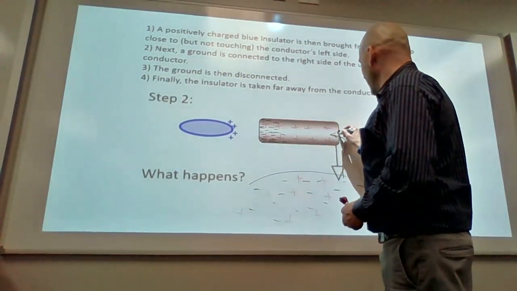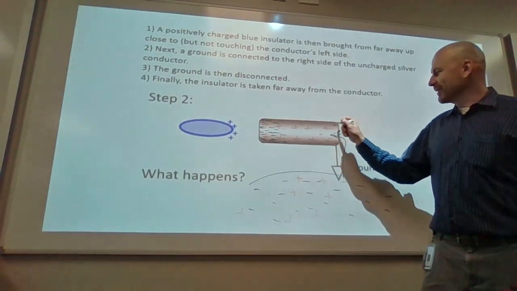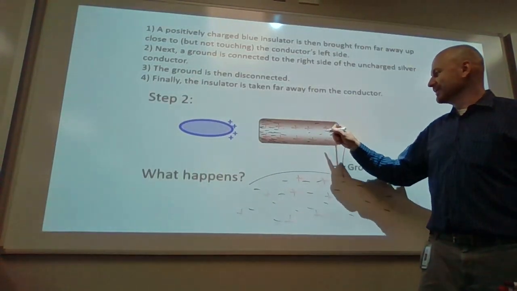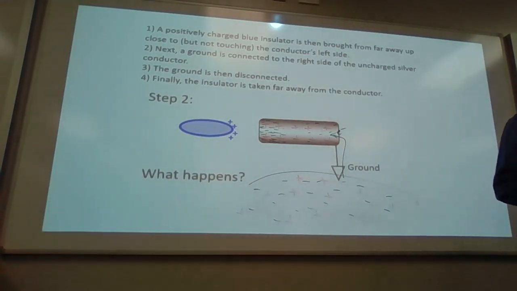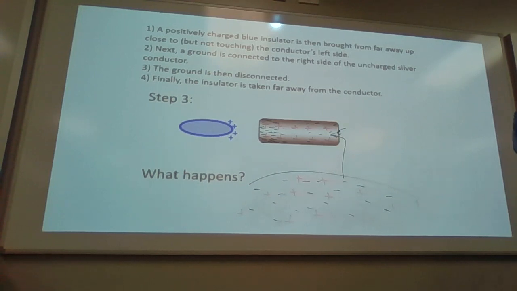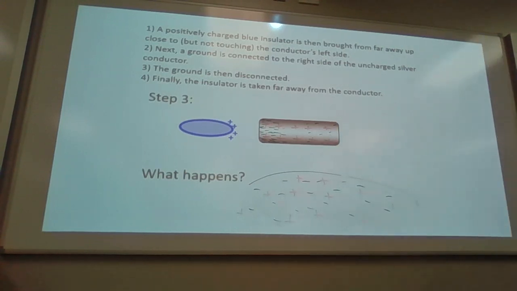And they come up here. Wow, look at all this space. Living large. Does that make sense? How that's working? And then we remove the ground, so we take away their path to transfer.